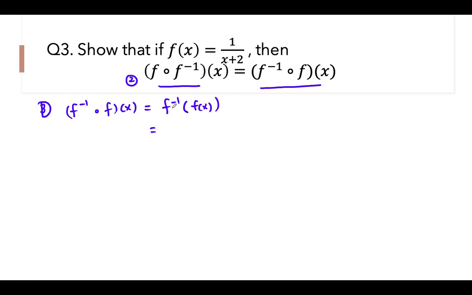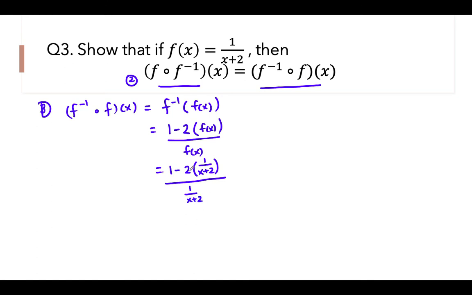So let's replace in f inverse, which is 1 minus 2 times f of x, this is my variable, over f of x. Then 1 minus 2 times f of x, which is 1 over x plus 2, over 1 over x plus 2.